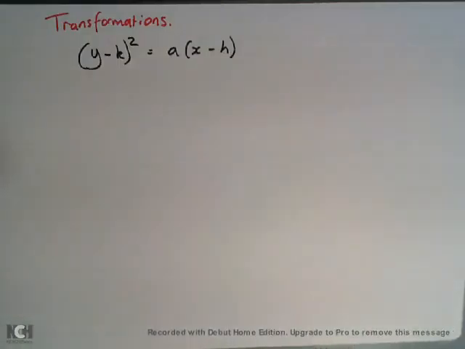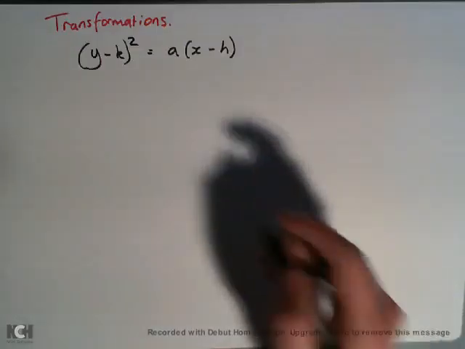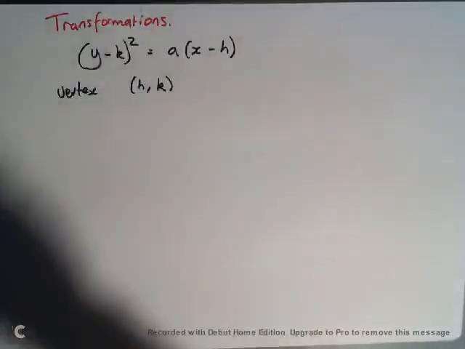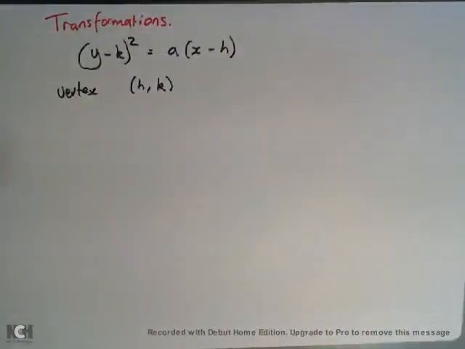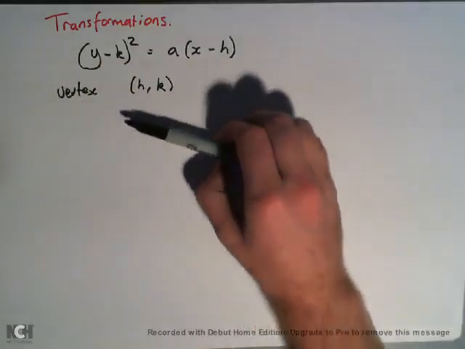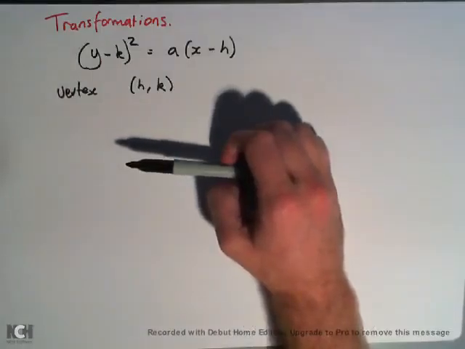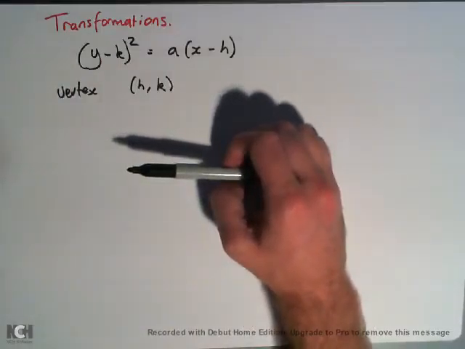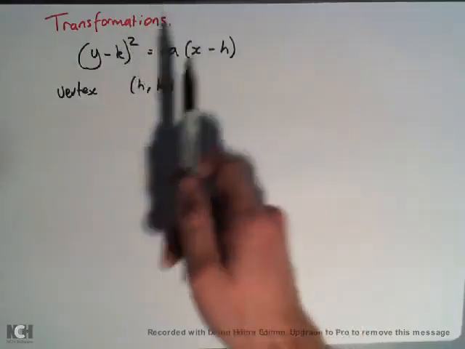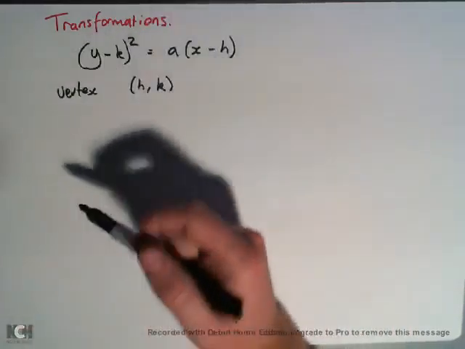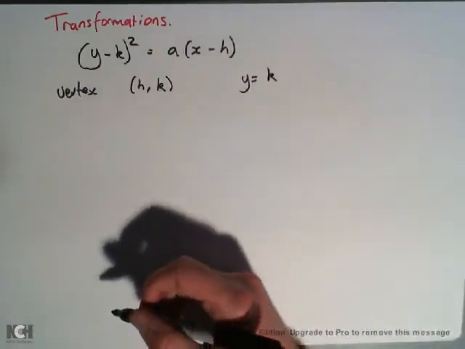So the vertex, or our turning point, has coordinates (h, k) due to the horizontal and vertical translations h and k. Horizontal is h, vertical is k, just as usual. The axis of symmetry has an equation y equals k, so that's when we had y equals 0 for the past example.